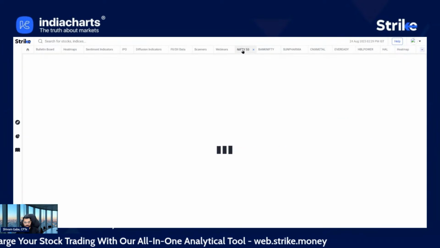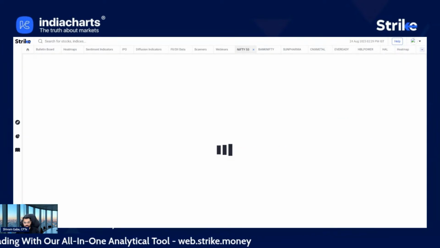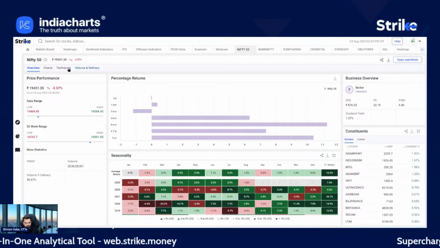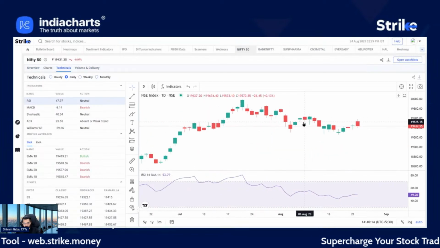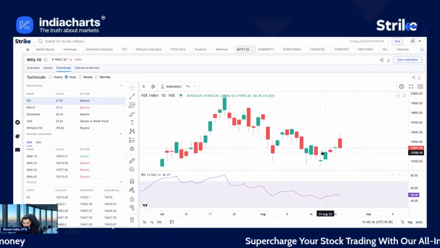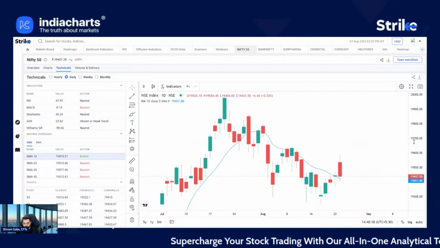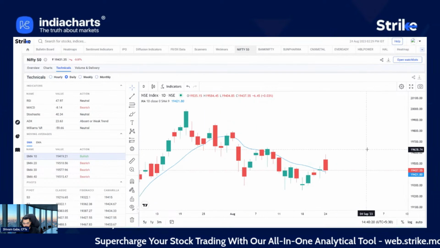So let's go to the Nifty and Bank Nifty as well to see if there's any change from yesterday. So we've been talking about this trend line that was looking to be getting crossed in yesterday's session. Let me draw it again.